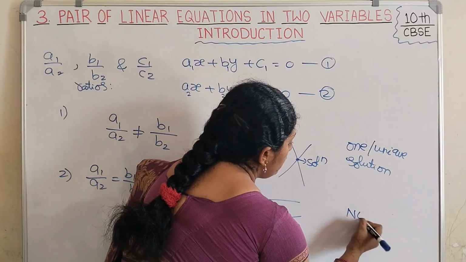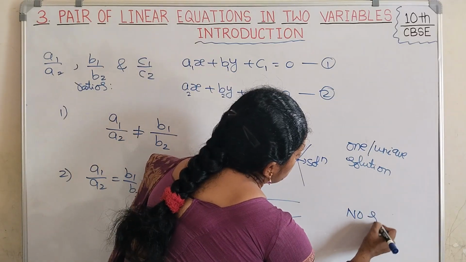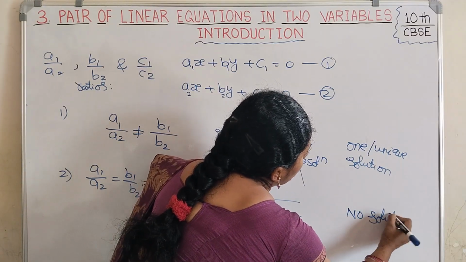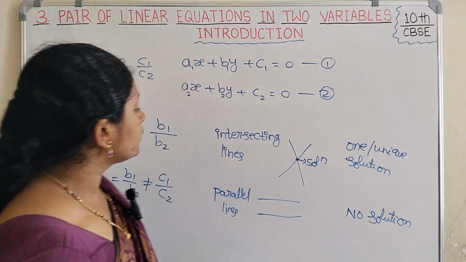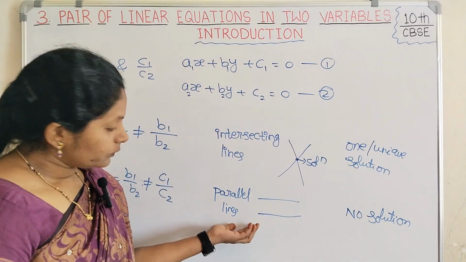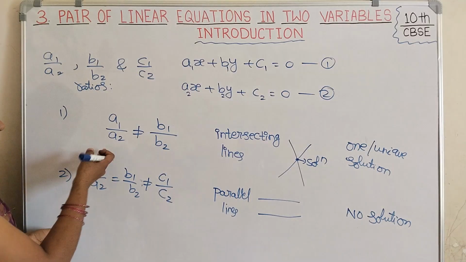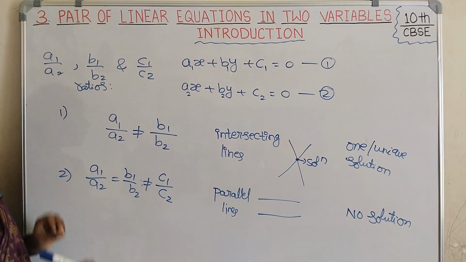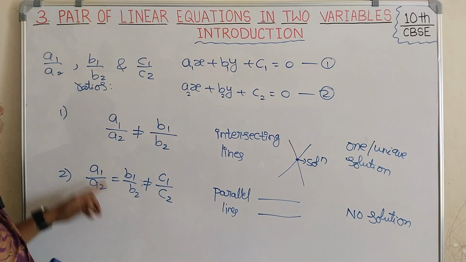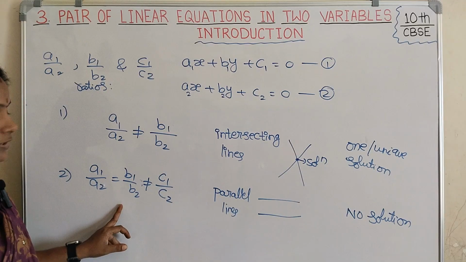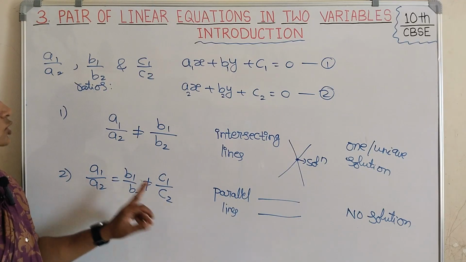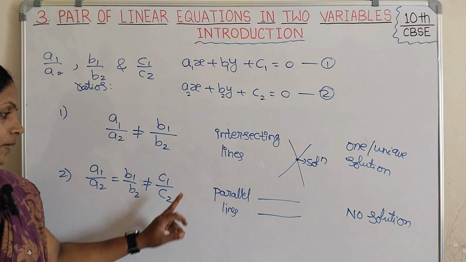There won't be any solution for parallel lines. How can we say that these two lines are parallel? We have to check the ratios and compare them: a1 by a2 is equal to b1 by b2, but it should not be equal to c1 by c2.